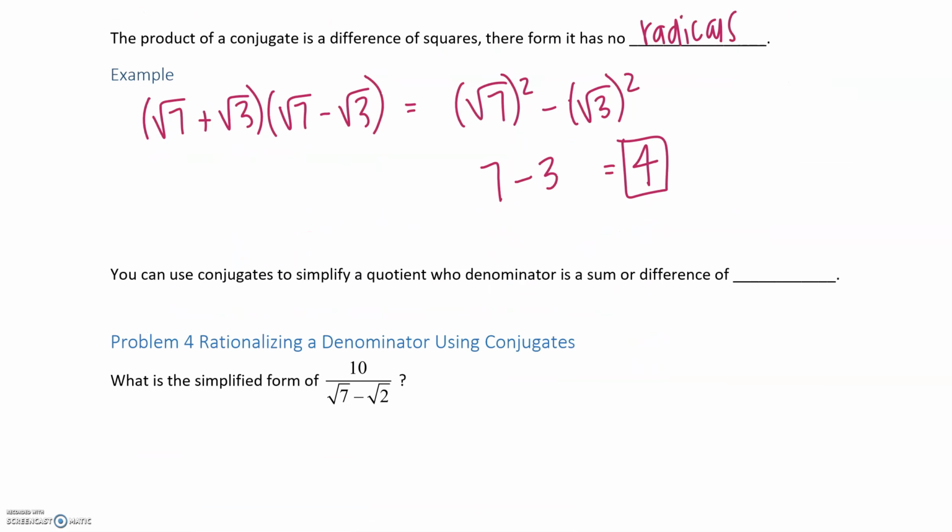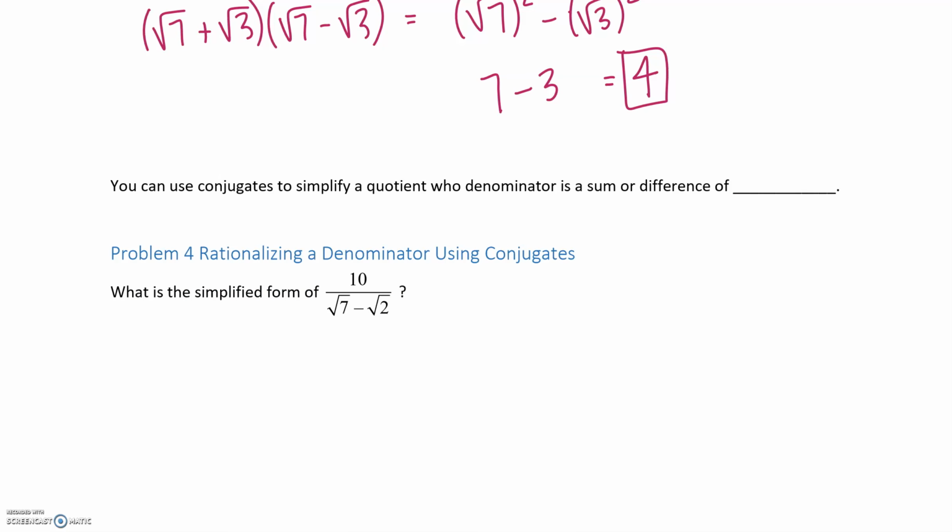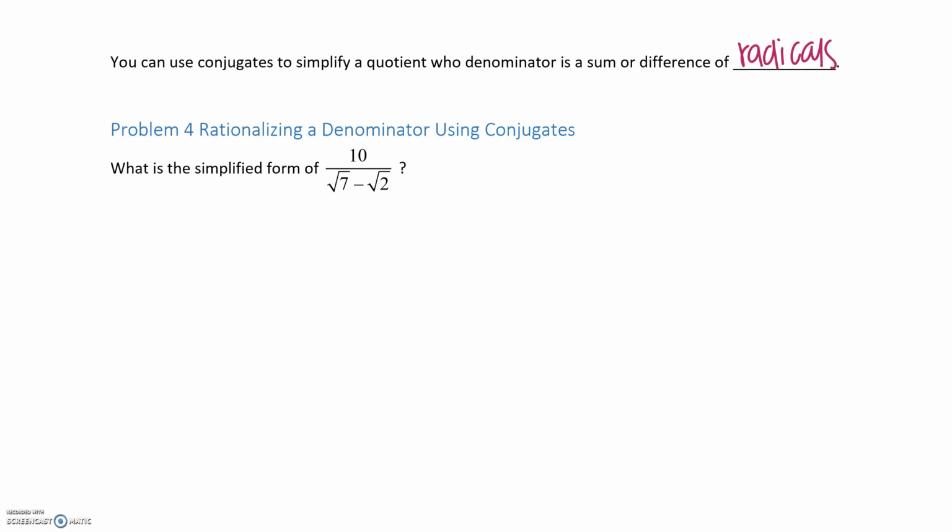Okay, so we can use conjugates to simplify a quotient whose denominator is a sum or difference of radicals. We can use this when we have both radicals or when we have only one radical. So for this one, if I have 10 over the square root of 7 minus the square root of 2, the conjugate is just going to be the square root of 7 plus the square root of 2.